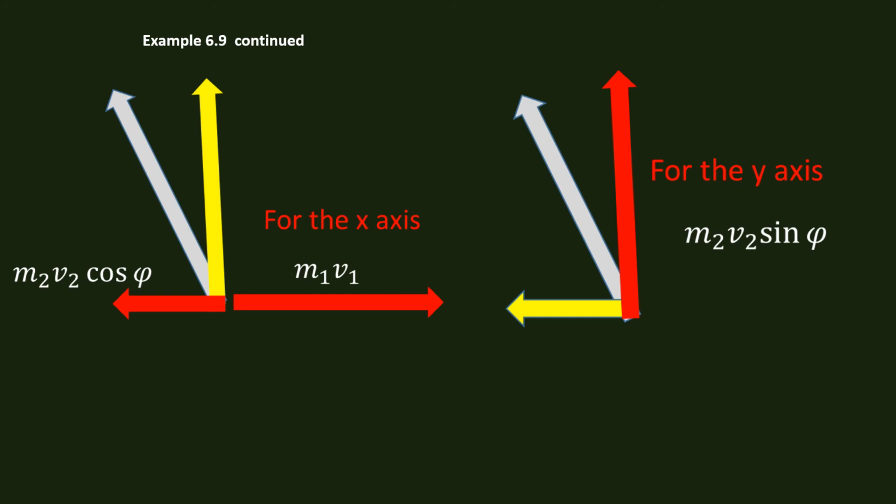The y component of this vector is going into the y, and we have nothing in the x. For the y-axis, we'll use m2, v2 sine theta, and for the x, we're going to use m1, v1 plus m2, v2 cosine phi.